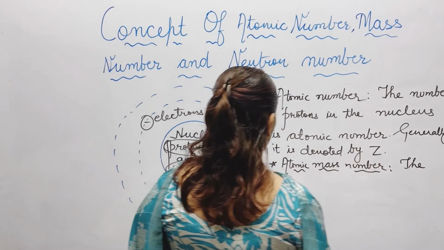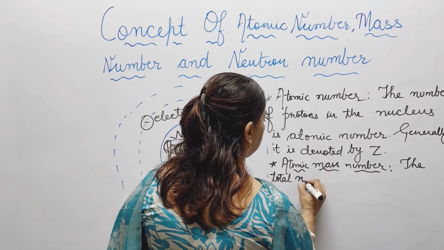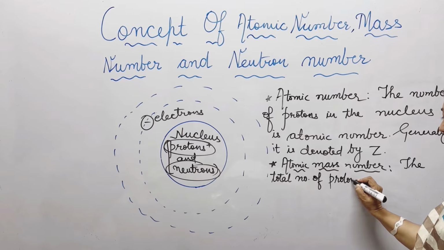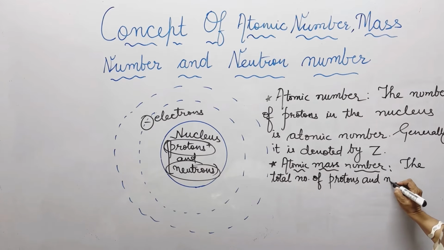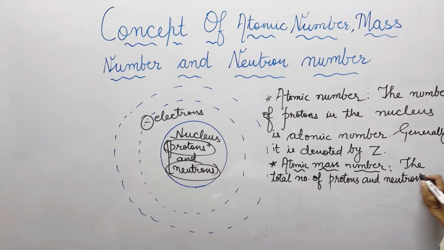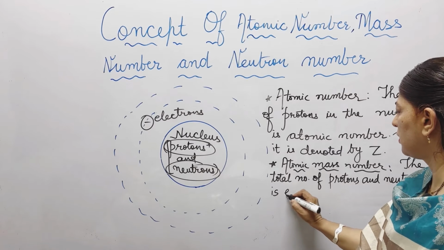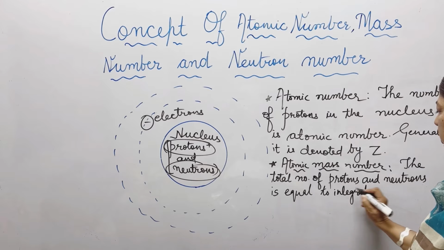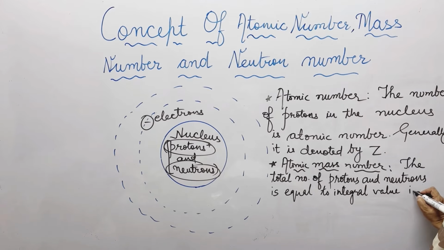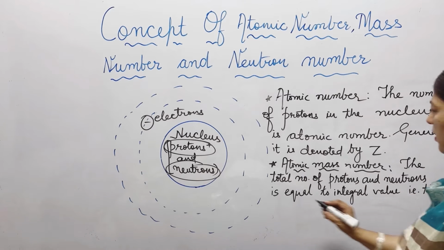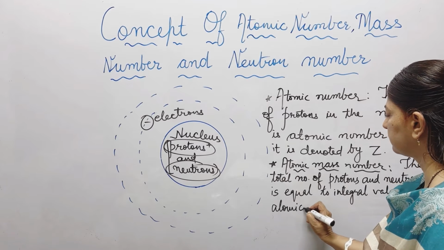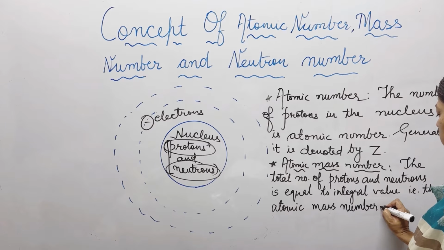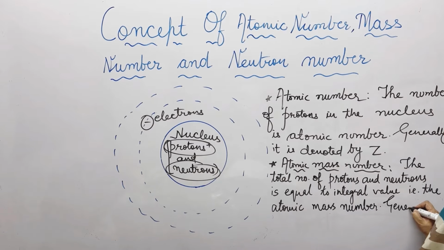The total number of protons and neutrons is equal to an integral value. That is the atomic mass number. It is generally represented by A.